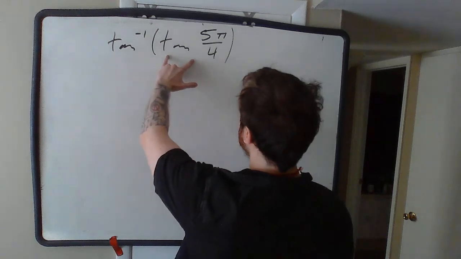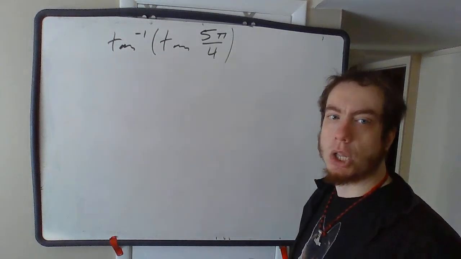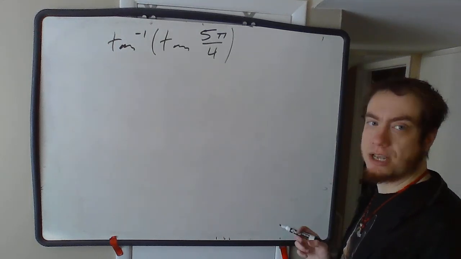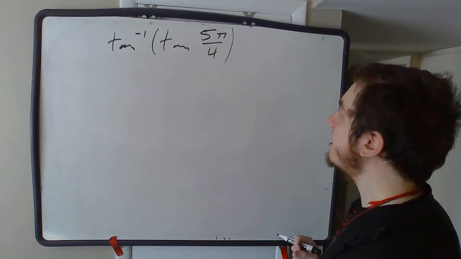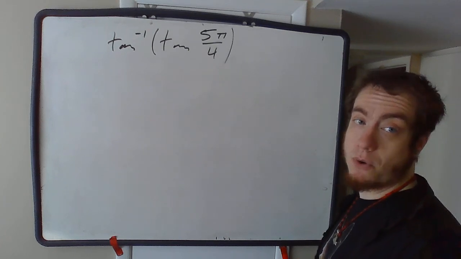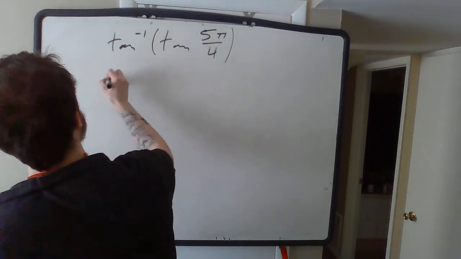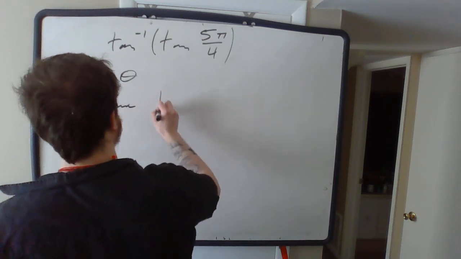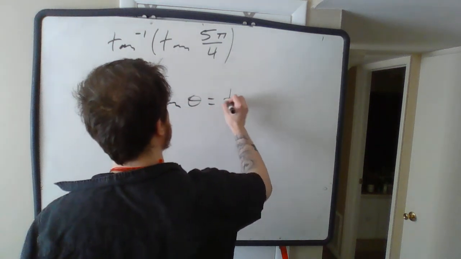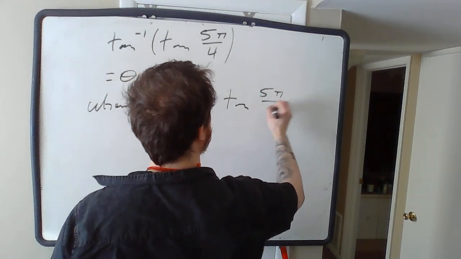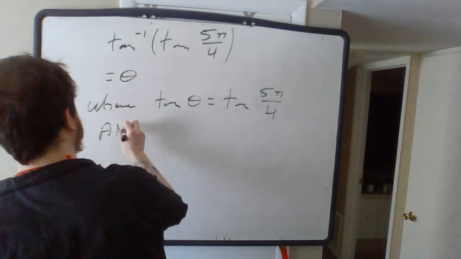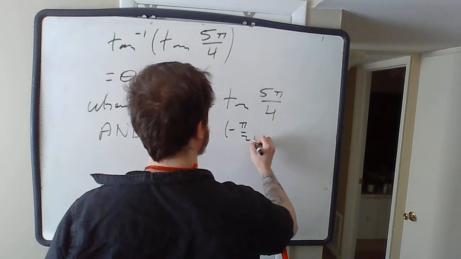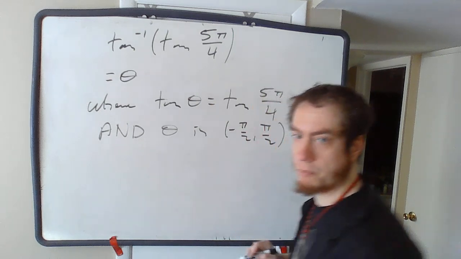So what we need to do is change this angle to an angle with the same value for the tangent, but it needs to be between minus pi over 2 and positive pi over 2. So this is going to equal theta, where tangent theta is equal to the tangent of 5 pi over 4, and theta is in minus pi over 2 to positive pi over 2.